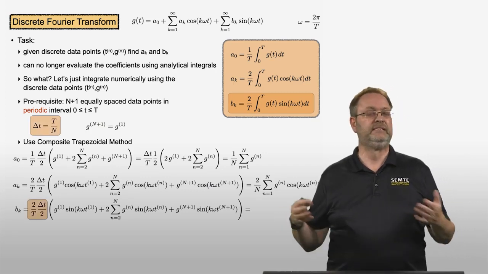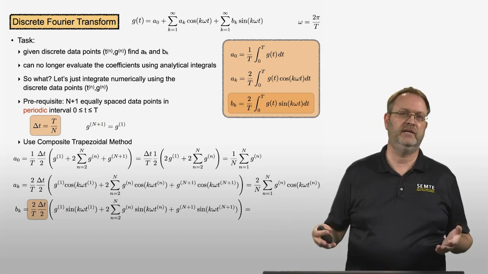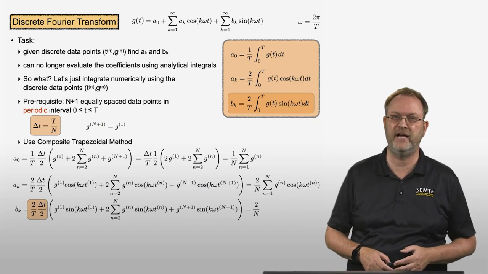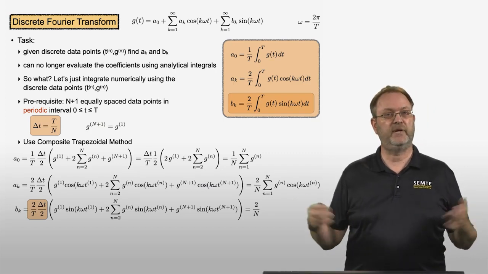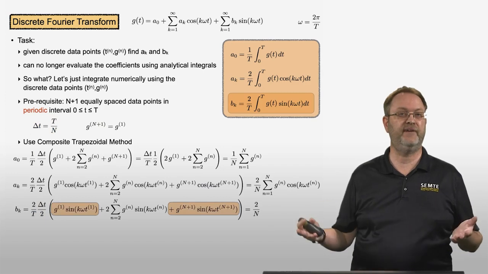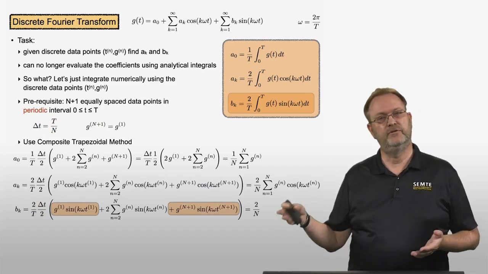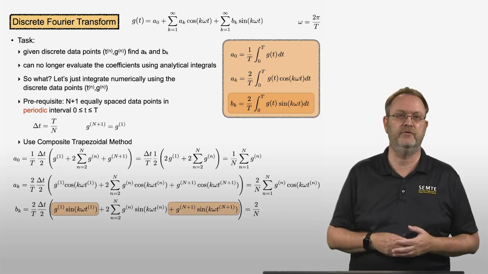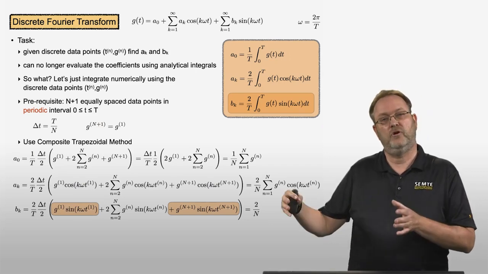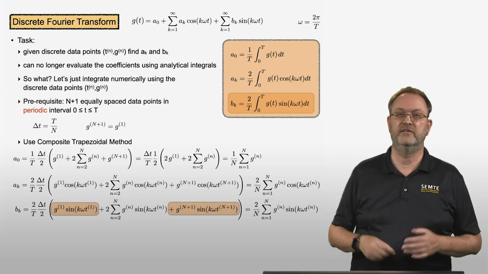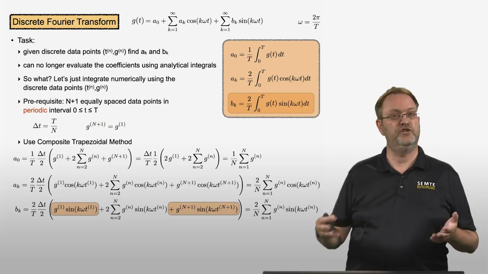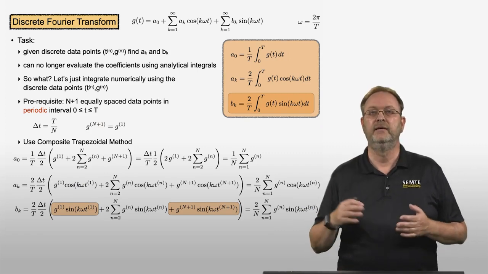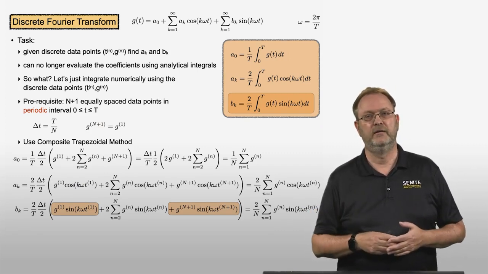And now again using the fact that delta t is equal to the fundamental period divided by the number of subintervals, I can combine that to 2 divided by uppercase N. And using the fact that the first value is equal to the last value, those can be combined, so 2 times the first value's term combined with all the intermediate terms gives me just the sum of g evaluated at little n, where n goes from 1 to uppercase N, times the sine of k omega tn.